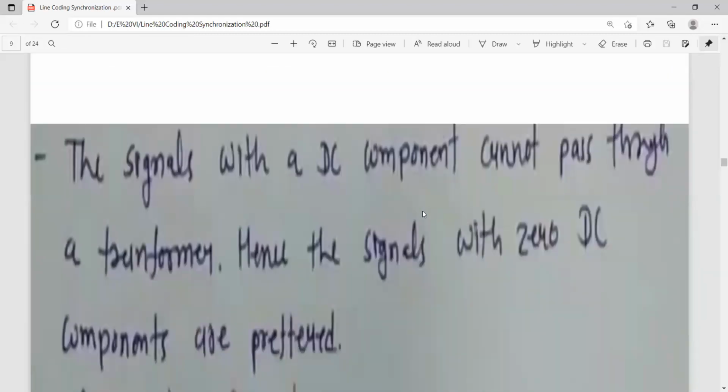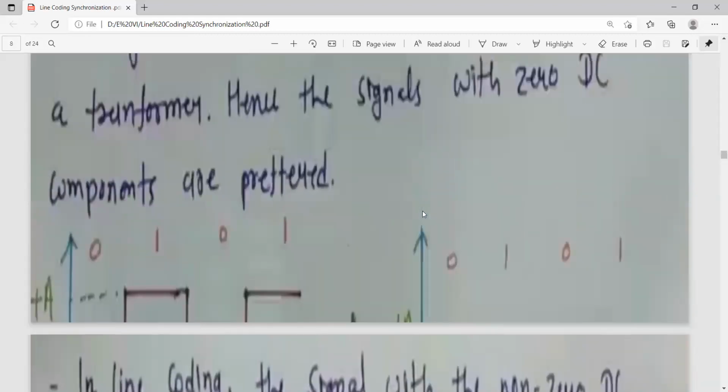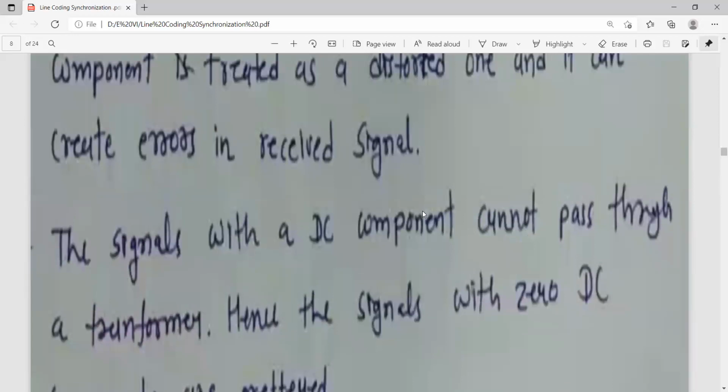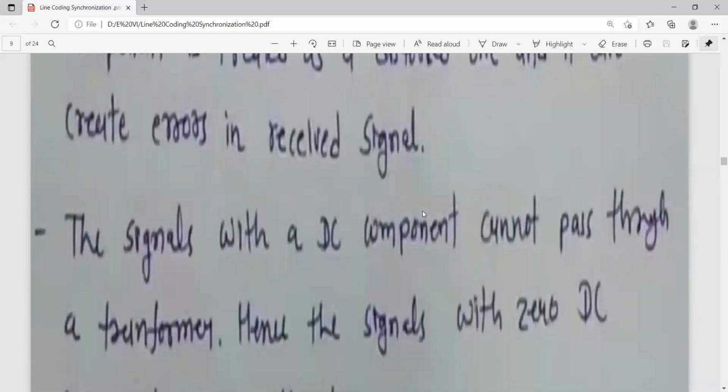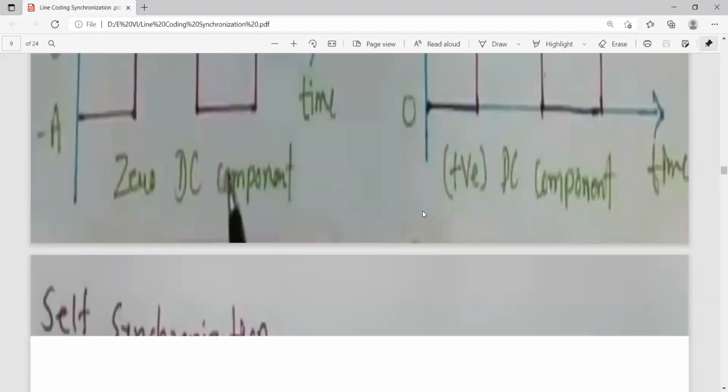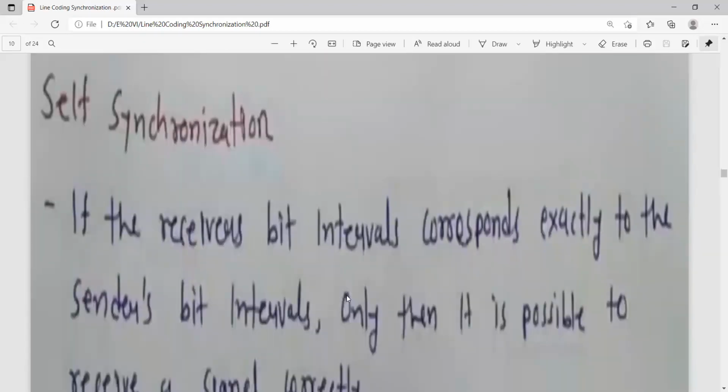So that is the third characteristic. One is data and signal, the second is pulse and bit rate, the third is the DC component. Now coming to the fourth one, that is the synchronization of the clock.